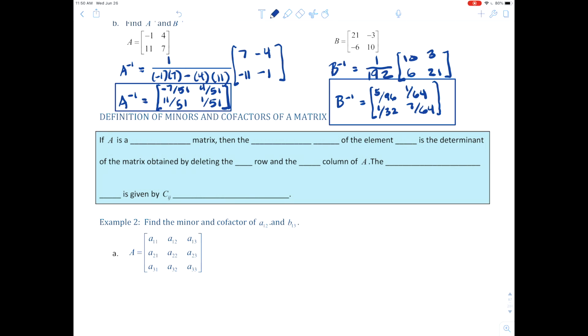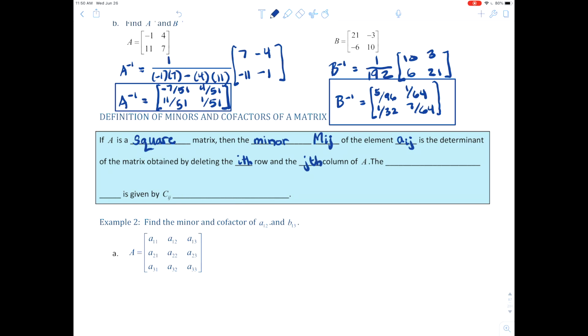If A is a square matrix, then the minor, which is denoted capital M-I-J, of the element Aij, is the determinant of the matrix obtained by deleting the ith row and the jth column of A.